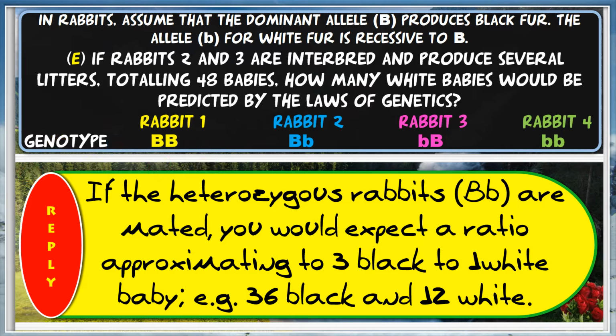If the heterozygous rabbits, capital B small b, are mated, you would expect a ratio approximating to 3 black to 1 white baby. For example, 36 black and 12 white.